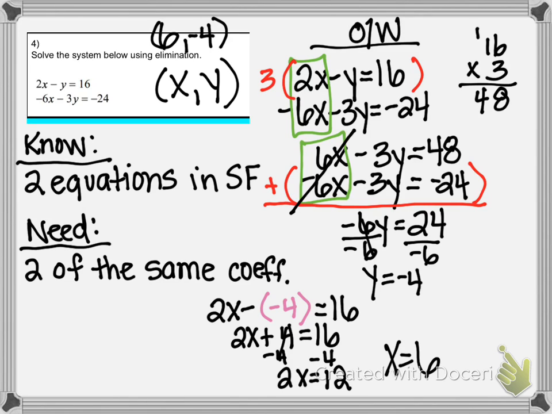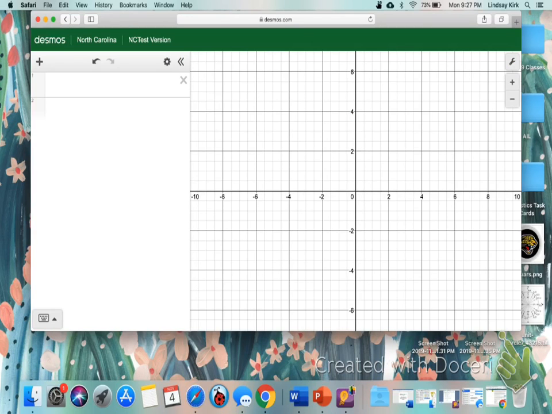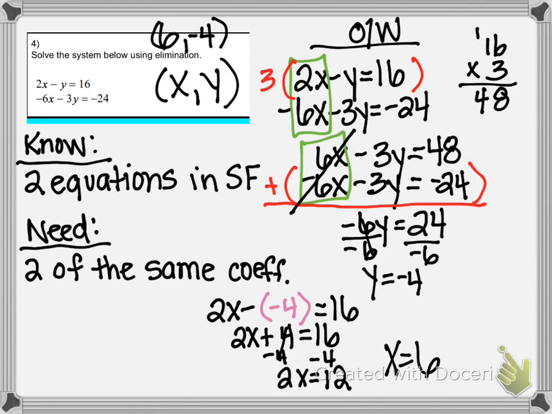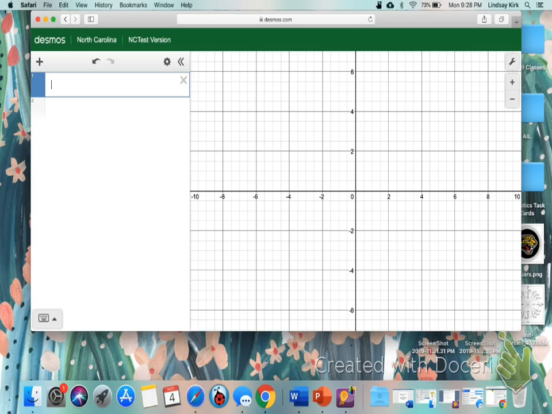Now, I did ask you guys to do this by hand, but I hope we can all agree that you can always go into Desmos and plug in your values the same way. So I have 2x minus y equals 16.